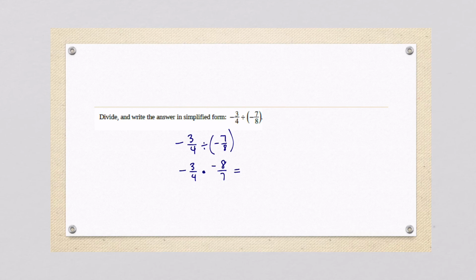Now I'm going to multiply straight across, or if you can see that there's something that can be reduced, we could do that. I can see that the 4 and the 8 have a common 4. So now I'm just going to multiply straight across. Negative 3 times negative 2 is positive 6. 1 times 7 is 7. 6/7 is my answer to this problem.